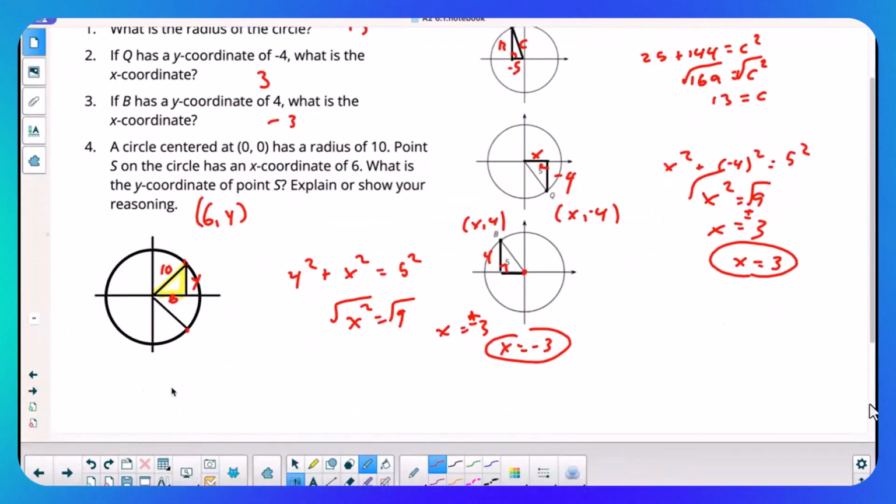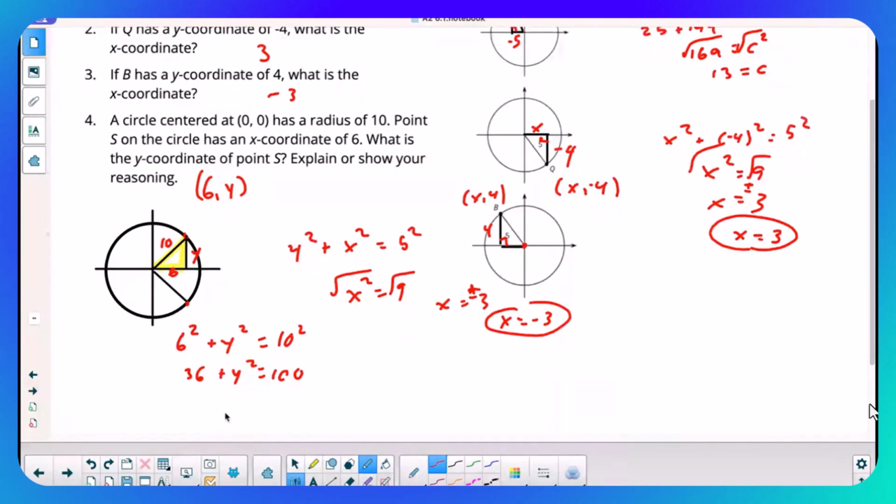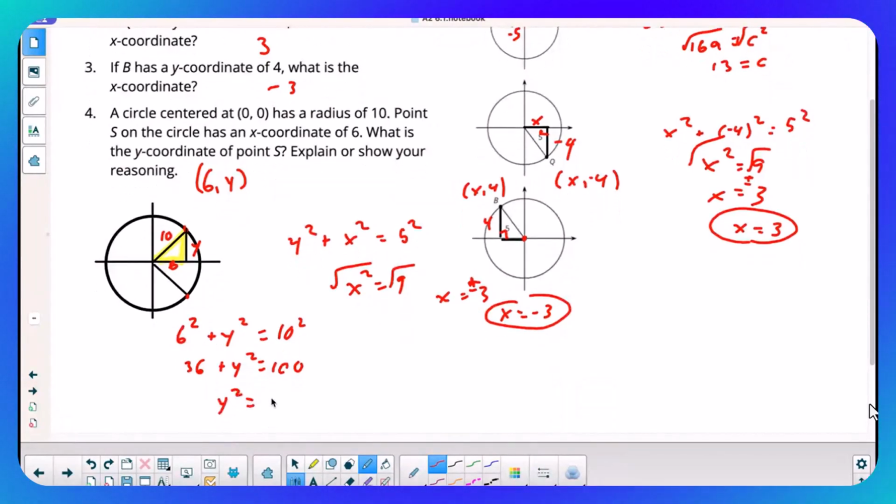So that's going to be 6 squared plus y squared equals 10 squared. 36 plus y squared equals 100. That ends up getting me y squared equals 64. And when you square root, you have to have a plus and minus there. So here's the thing, the plus is up here. This is going to be at positive 8. So this is 6, positive 8.